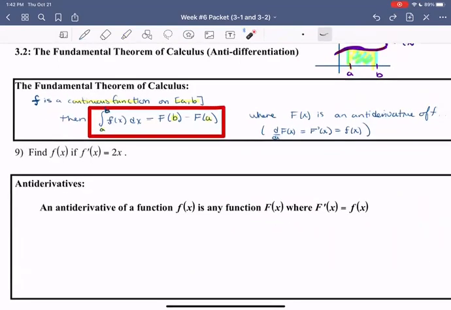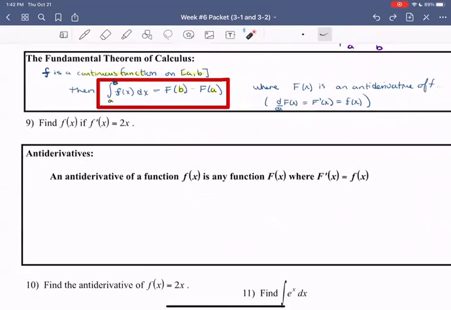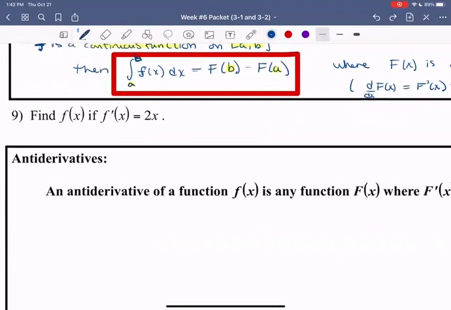So let's look at an example of what an antiderivative is, or how we might find it. So example 9 here says, find f of x if the derivative of f is equal to 2x. So take a moment to pause the video and see if you can think of a possible function for little f.